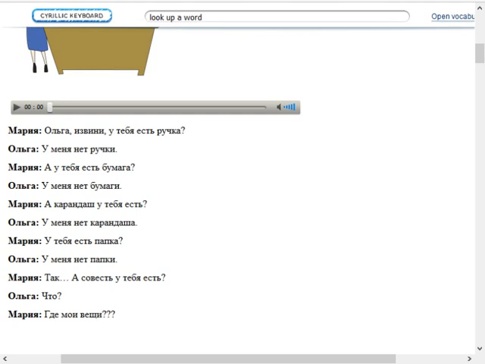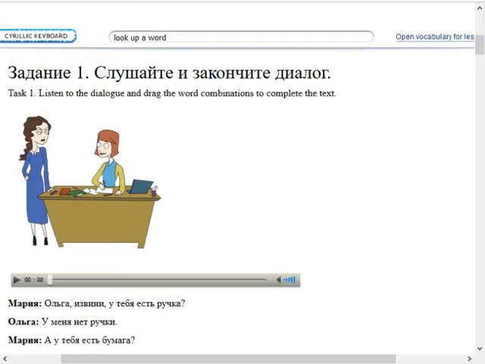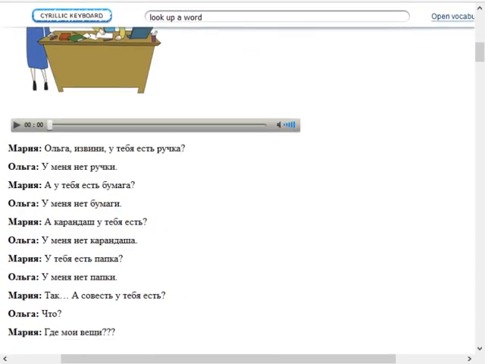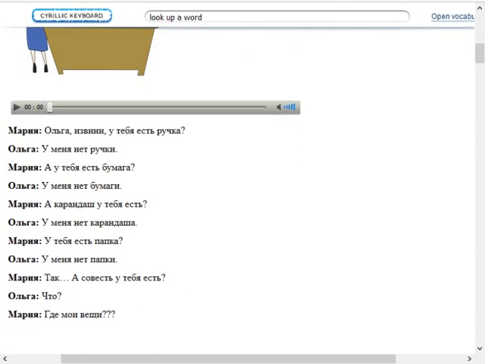It's like stuff, my belongings. So I guess Maria is accusing Olga of stealing all her stuff because she's saying she doesn't have any more pens or papers or pencils. So now she's saying, а совесть, do you have a conscience? Where's all my stuff? Okay.